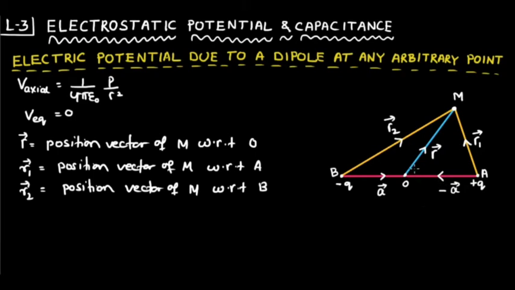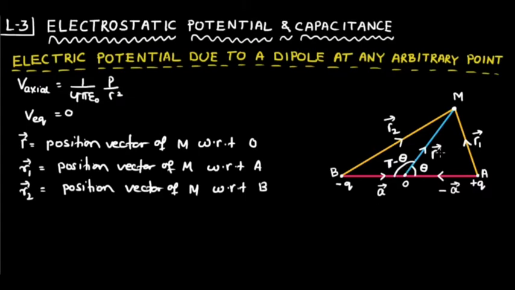And suppose this angle is theta, means the position vector of the point M with respect to the center O makes an angle theta with the dipole moment. The dipole moment is from negative charge to the positive charge. So this angle is theta. Then this angle will be pi minus theta. Is that clear?